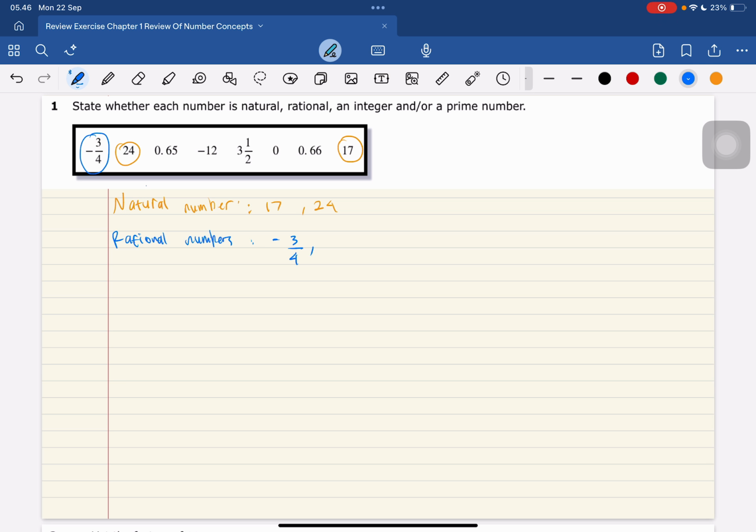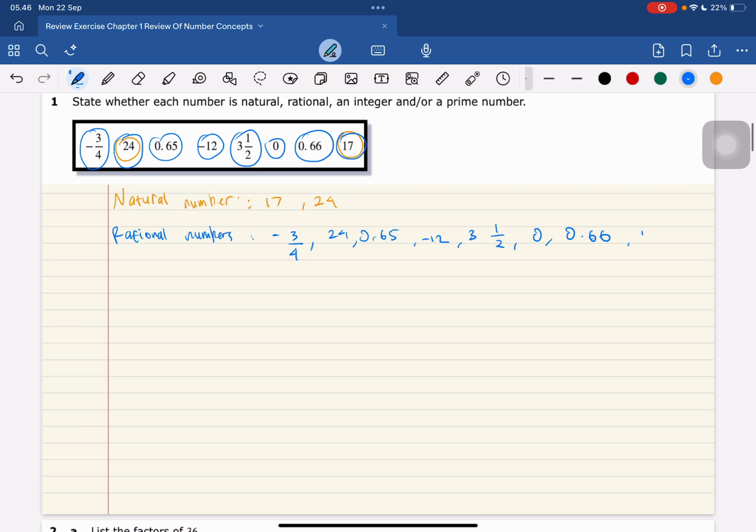Next we got, this is also rational, 24. And 0.65, minus 12, and then 3/2, 0.66, and the last is 17.